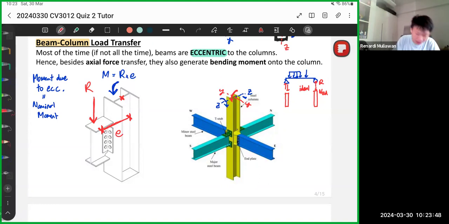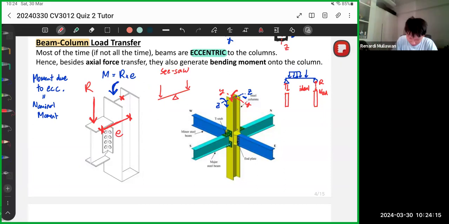So how to calculate the moment induced? Again, it's just logic. You imagine a seesaw. The total moment is basically the moment induced by one beam compared to the other beam, and you just minus the effect.